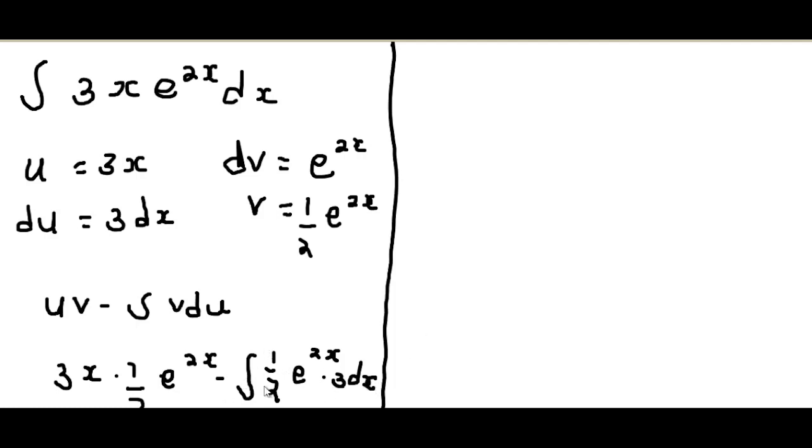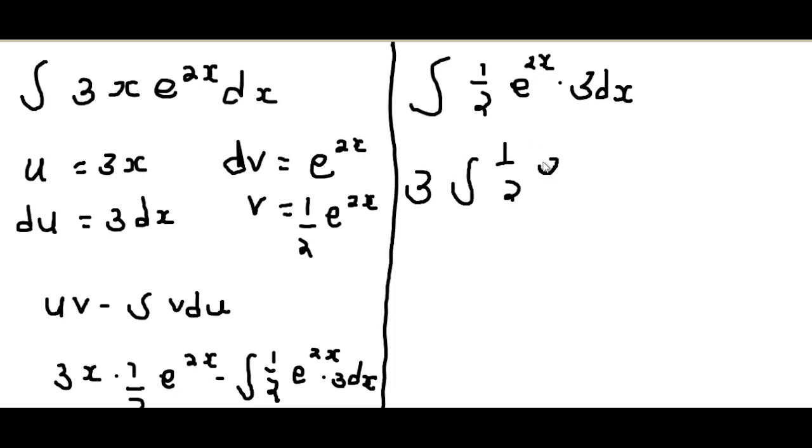We are first going to focus on this side that has the integral, the integral of a half e^(2x) times 3 dx. We bring the 3 out here, so we are left with a half e^(2x) dx.